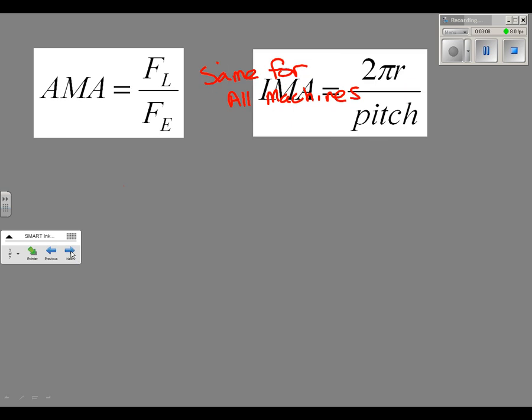But the IMA is equal to 2 pi r over pitch. Remember, for the ramp, the IMA was equal to length over height. Real simple. But now we're replacing length with 2 pi r, the circumference, replacing height with the pitch.